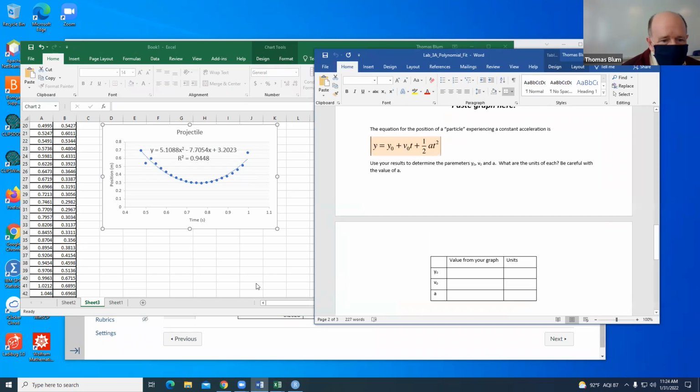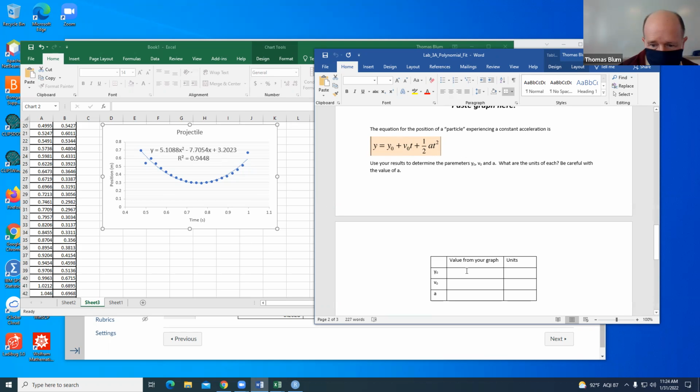Okay, so we know that what's on the x-axis is time. So when you see x squared over here, you think t squared. And over here, the x squared is first, and over there it's last, and that doesn't matter. Okay, so y0 is the constant term, no x's.